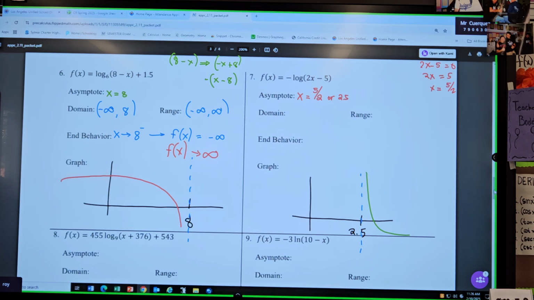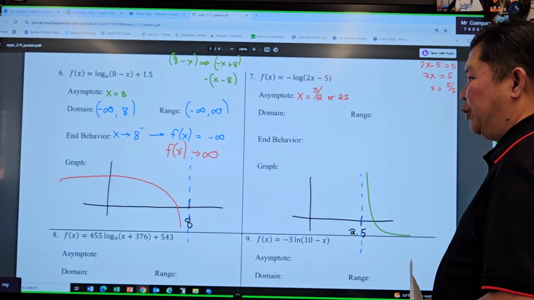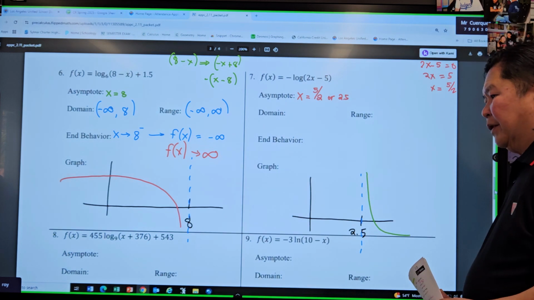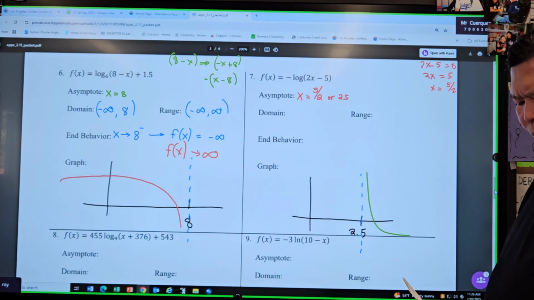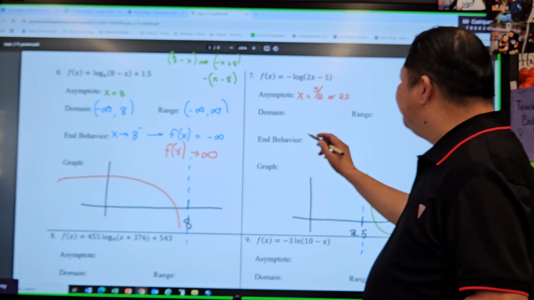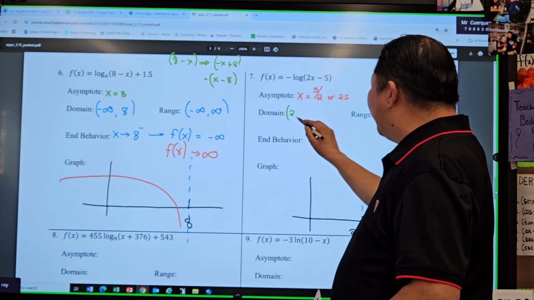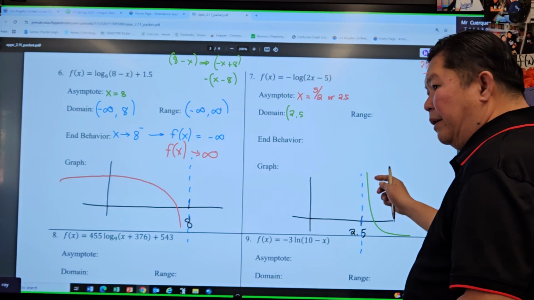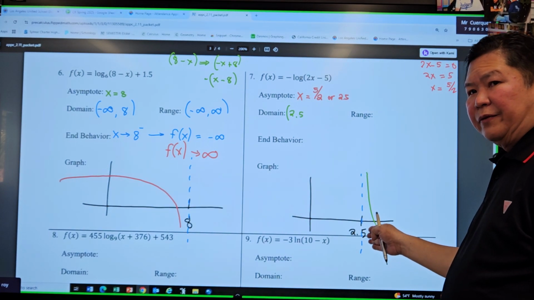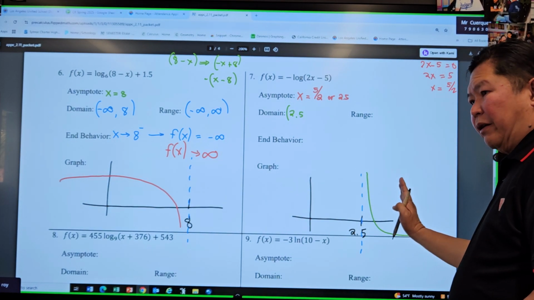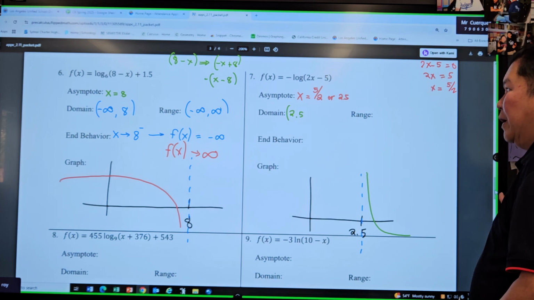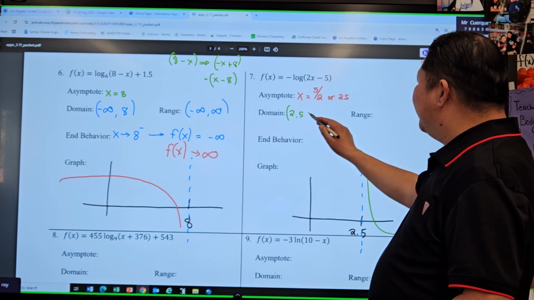So we have the domain. What is the domain of this? The value of x. Since 2.5 is the vertical asymptote, the graph goes right here, so it goes to positive infinity.